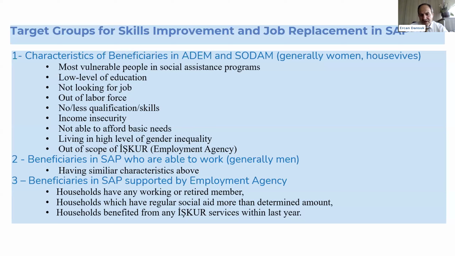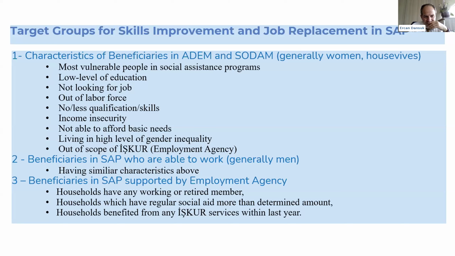In Turkey, because of the low level of women's participation in employment, housewives are very important for us. As you see, most of them have a low level of education and are out of the labor force, and they have little or no qualification.